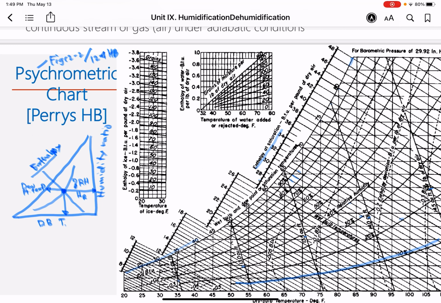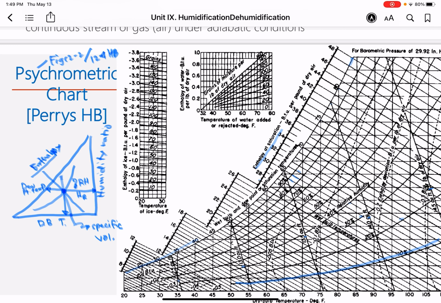Okay? And the specific volume is the one, yung pag-ganun naman yung line niya. So this is your specific volume.